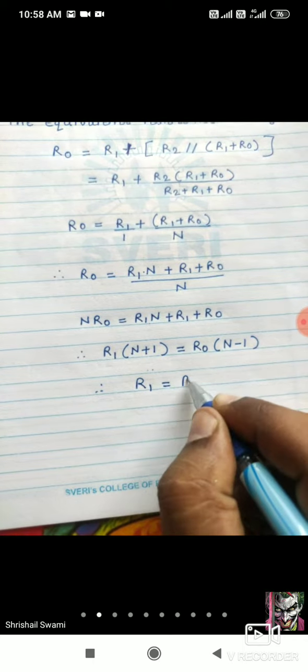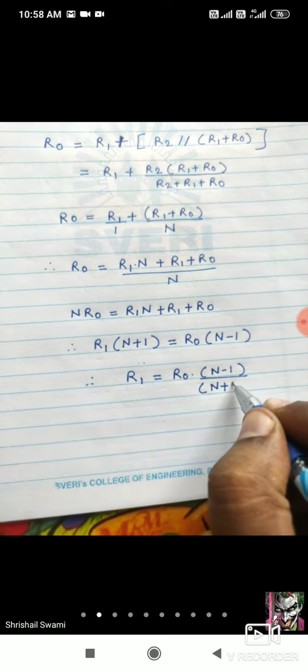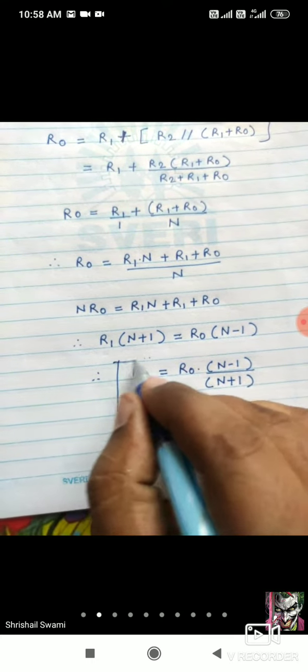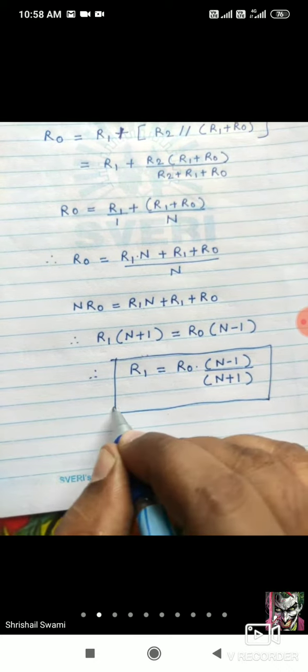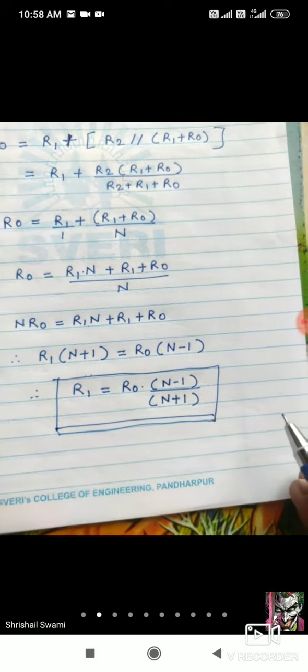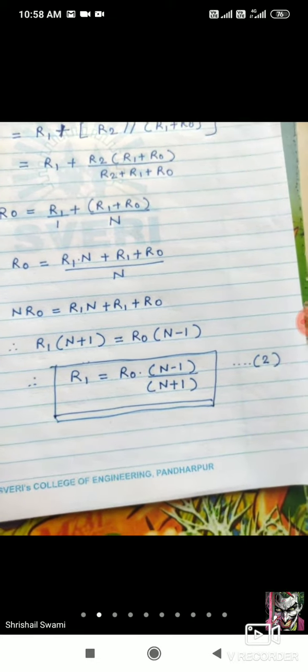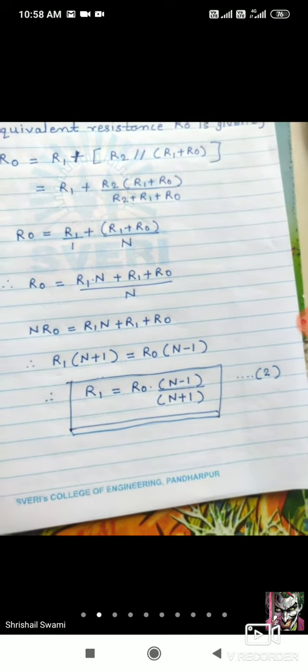R1 is equal to R0 into N minus 1, and this N plus 1 goes to the denominator. So this will give the formula of R1, and this I will give the equation number 2.